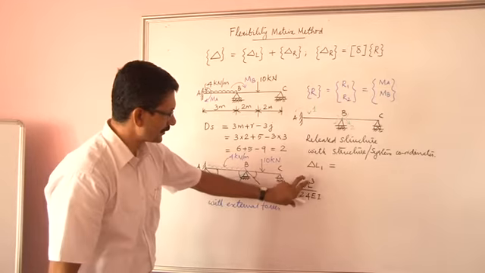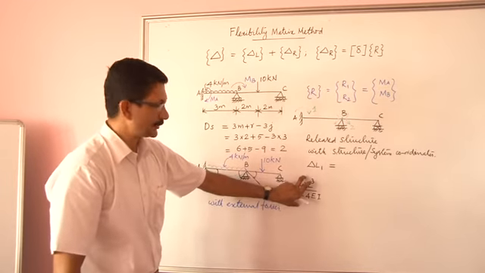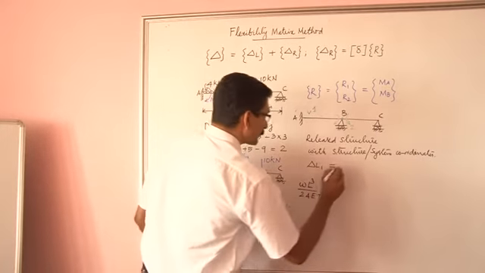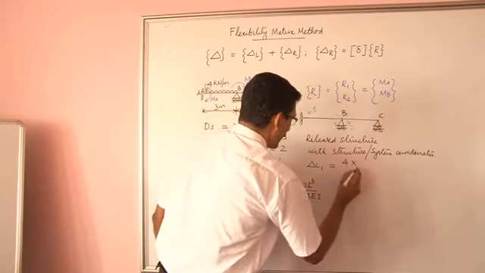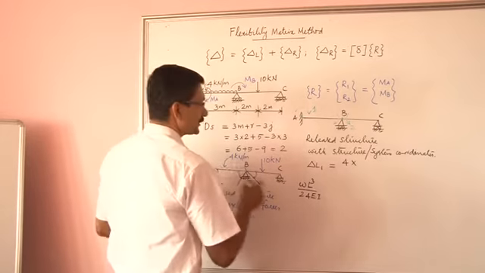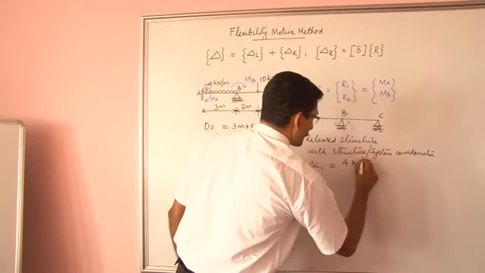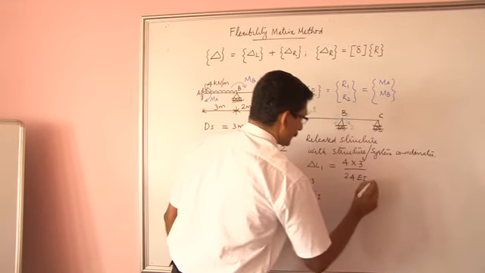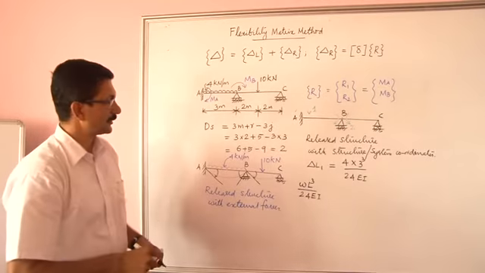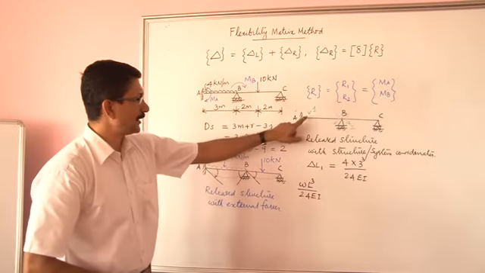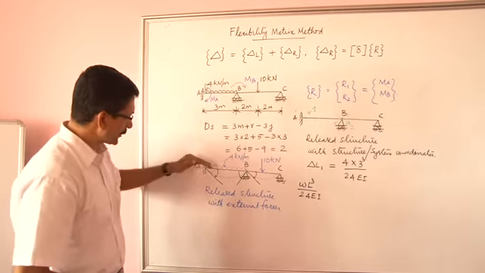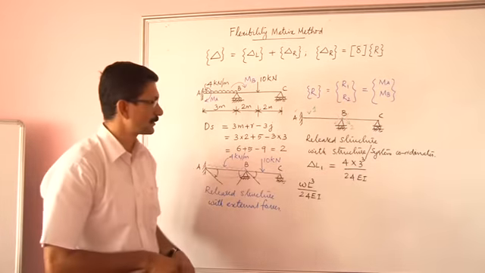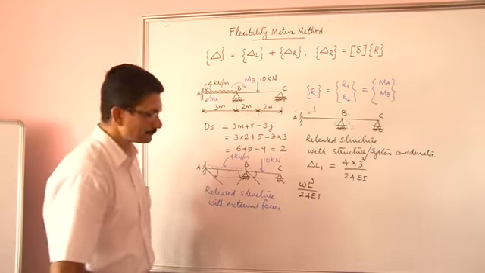If I adopt that result over here to find this rotation, W will be 4, span is equal to 3 meters, 24 EI. Now with regard to the direction, the coordinate assumed here is clockwise, and the rotation here is also clockwise. So this will have a positive sign. That is delta L1.